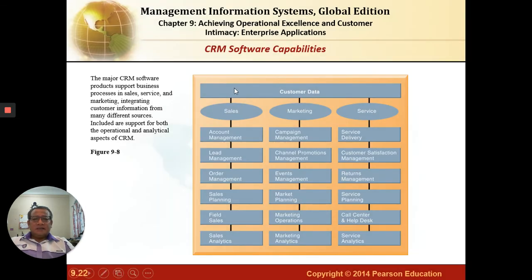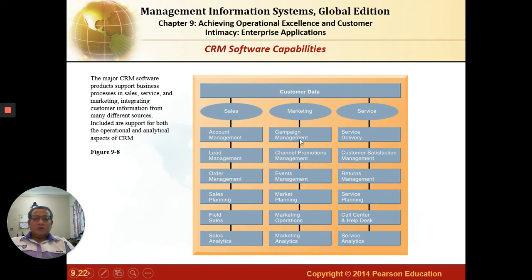So basically, in the CRM, the customer data will be centralized from these three departments. Service department, for example, like Toyota Service, delivery, if there are some exchange or return, service plan, and so on. And customer data is also kept through the marketing department.